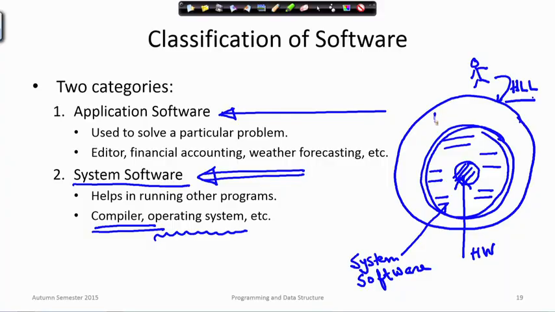For example, a company wants to find out the salary information of the people, they can use some payroll software here. Or for example, you want to design some data analysis software that will take some data and, using a particular software, will analyze the data statistically and give you some good insights.